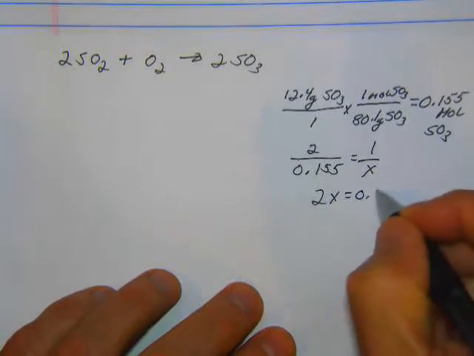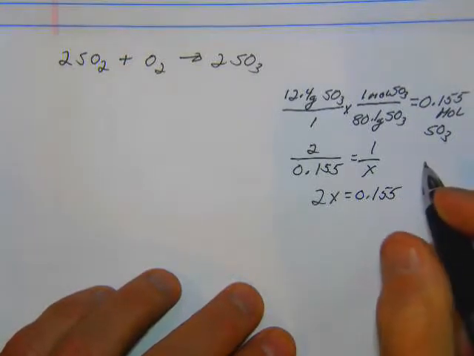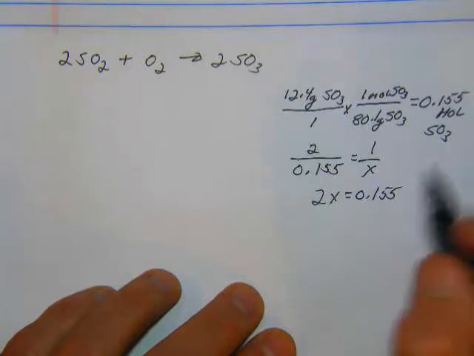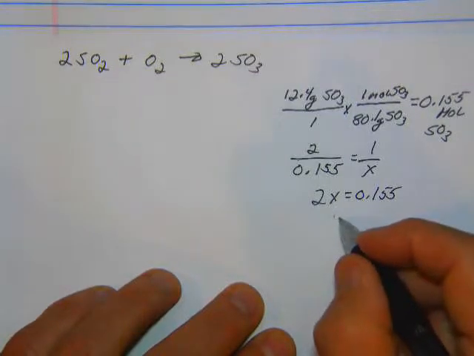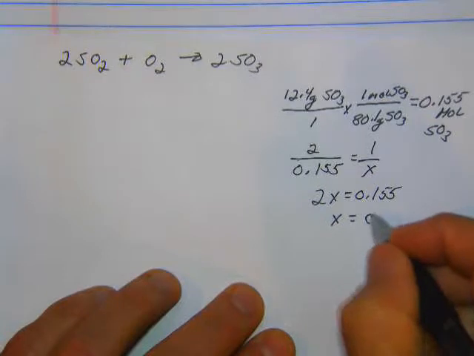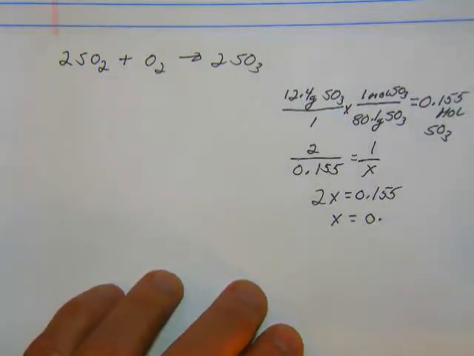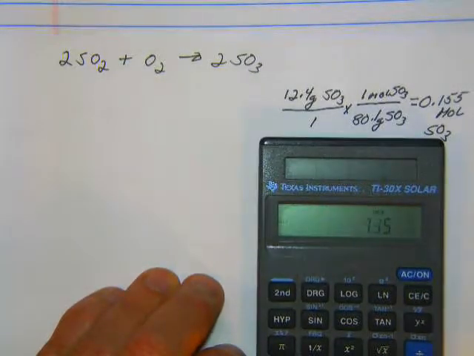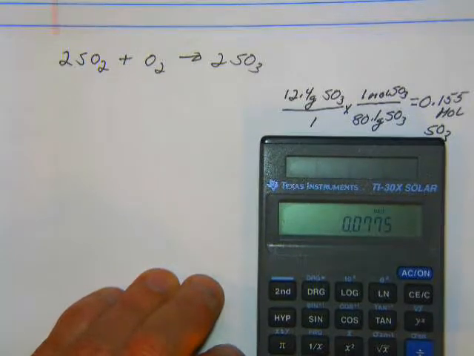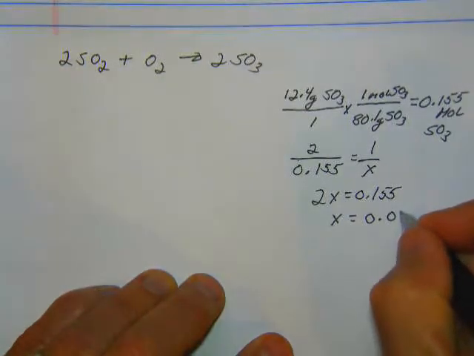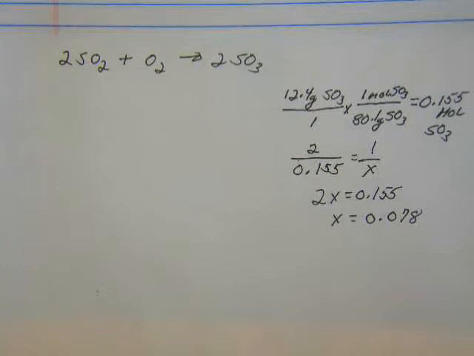So x equals 0.155 divided by 2, which is 0.078. Alright, so that's what we got.